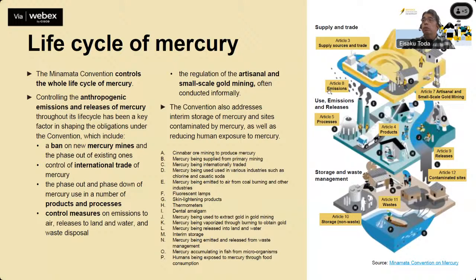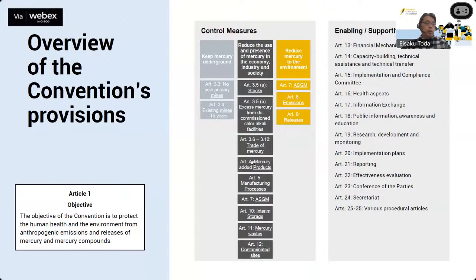And please note that in the Minamata Convention, we have a bit of special usage of the terms emissions and releases. In that convention, emissions of mercury means the emission to air, and the releases of mercury means releases to land and water. The Minamata Convention consists of different kinds of articles, and the control measures are described in articles from Article 3 to Article 12.